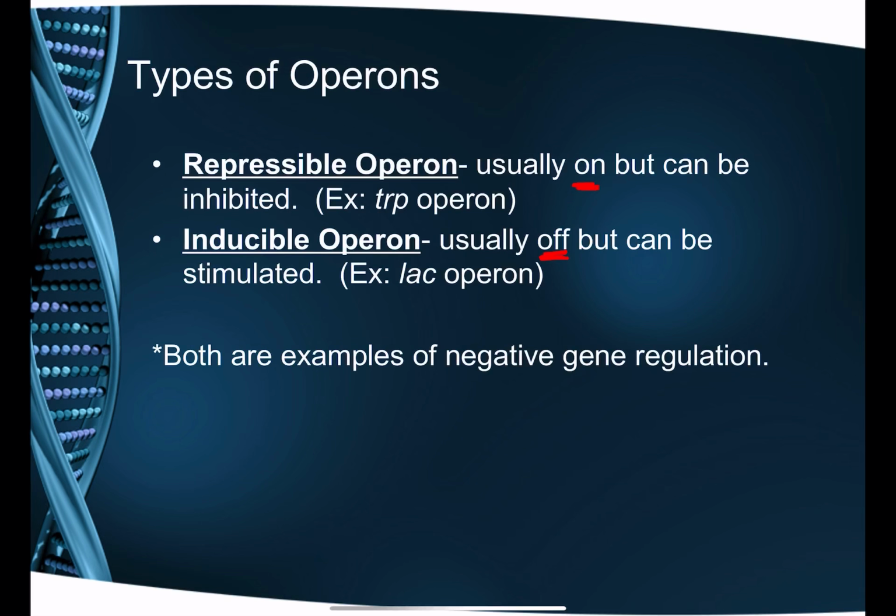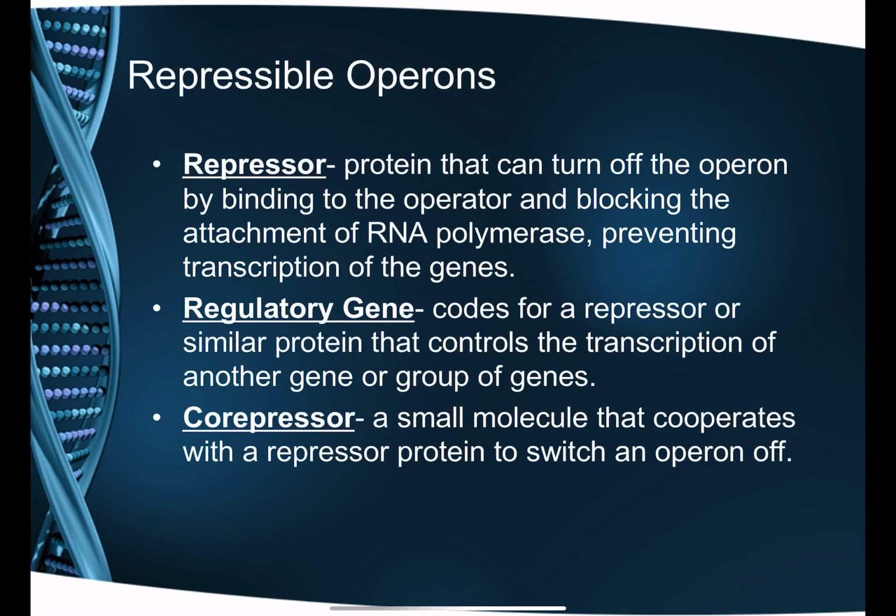Okay, so let's take a look into both of these. So repressible operons have a molecule, or a protein rather, called a repressor. And that repressor binds to the operator, and so then polymerase can't access those genes.